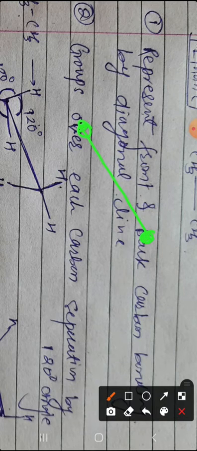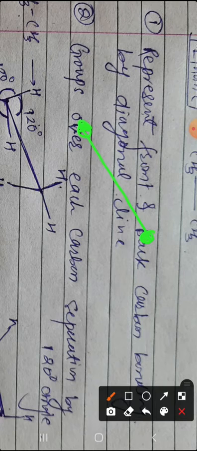We can see both the front and back carbon in the Sawhorse projection, and this projection is very useful for conformational analysis of non-cyclic chains. Okay, not cyclic. The groups on each carbon are separated by 120-degree angles.